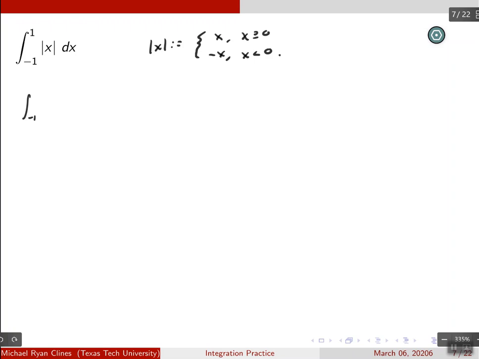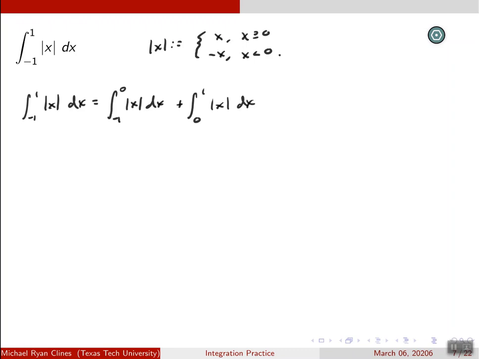So the integral from -1 to 1 of the absolute value of x dx is equal to the integral from -1 to 0 of the absolute value of x dx plus the integral from 0 to 1 of the absolute value of x dx. So all I did was break this integral up into two portions: the negative part of the integral and the positive part of the integral.